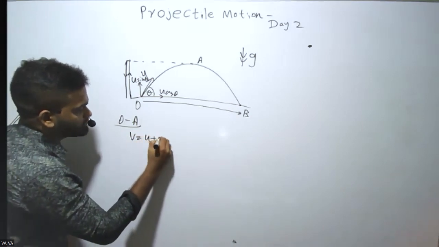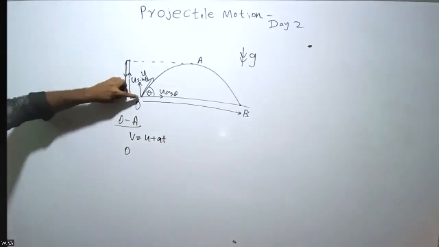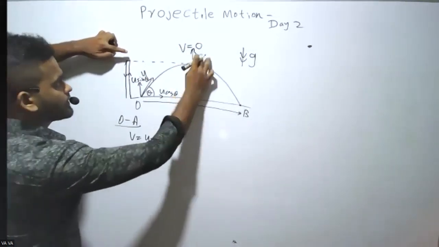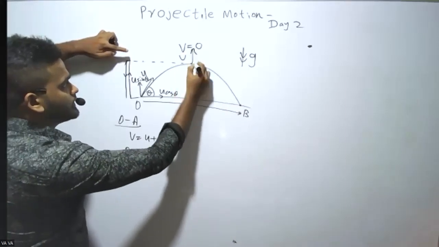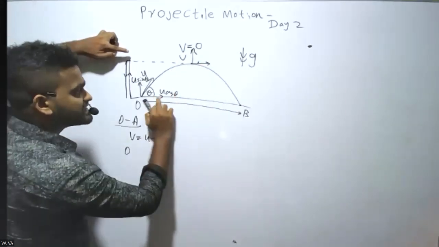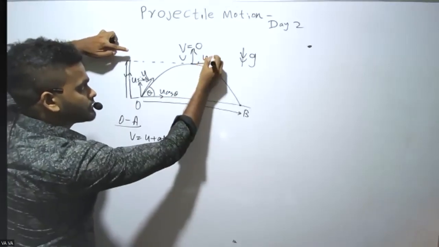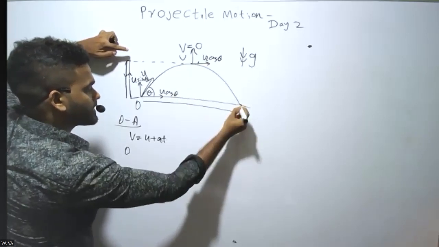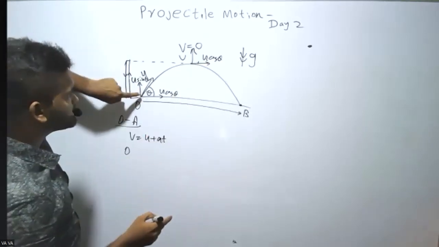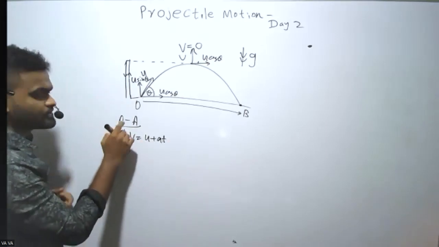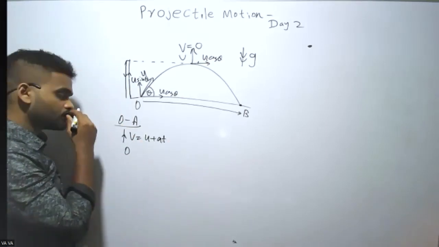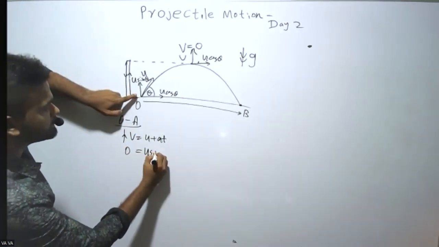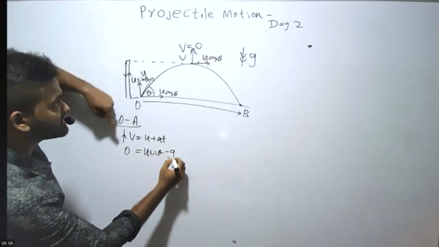I'll just apply this equation. At the top, we know the vertical velocity is 0. The horizontal component doesn't change. It is a constant, right? There's no acceleration to this side, so it doesn't change. But I'm only considering the vertical component, so I'm applying equations vertically upwards. At the top, velocity is 0. Initial velocity is u sin theta, minus acceleration, which is downwards.